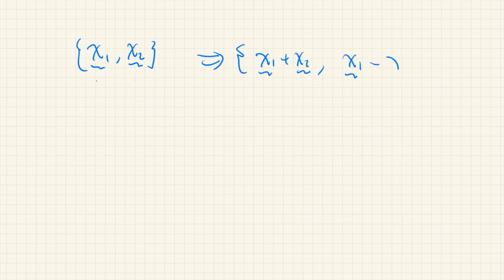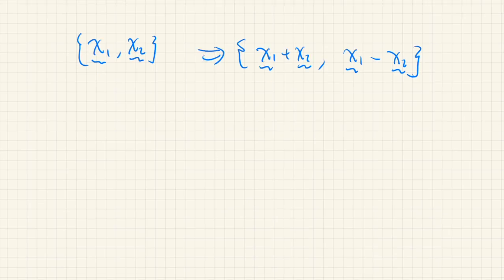Now, suppose we have two linearly independent vectors, x1 and x2. Then consider another set of two vectors, let's say x1 plus x2 and x1 minus x2. So these two vectors are also linearly independent.